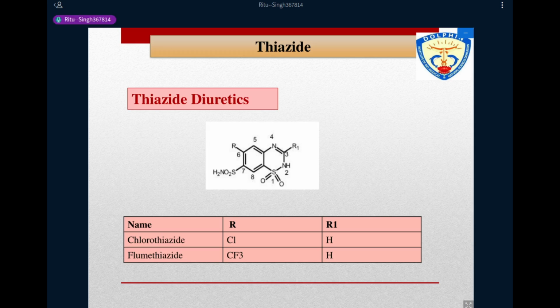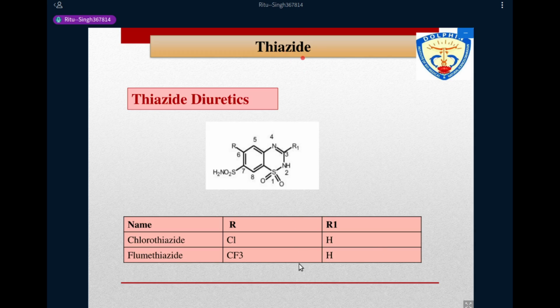Next, the category of diuretic is thiazide. Thiazides are important diuretic drugs. These drugs are also used as antihypertensive drugs. In the category of thiazides, most of the diuretics of the thiazide class are structurally related to antibacterial drugs like sulfonamides, but they do not have antibacterial activity.